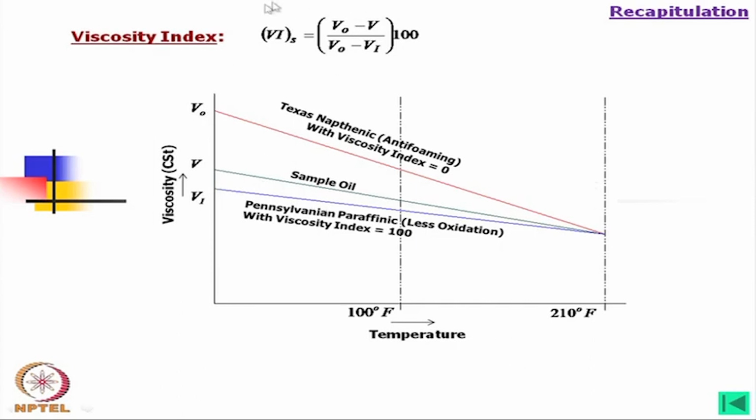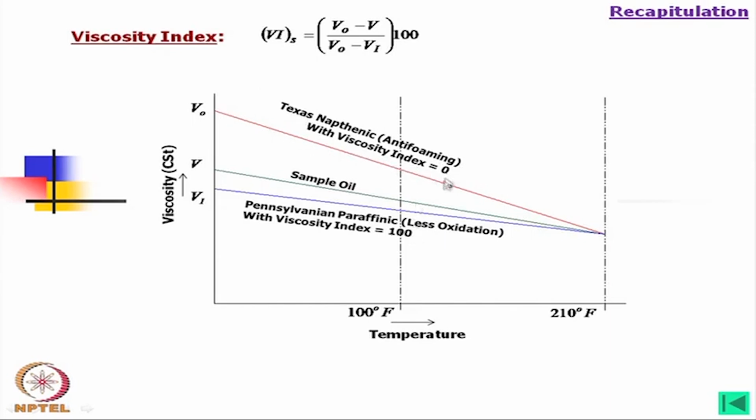You can see from this graph the sample oil which we are using. In the USA, Pennsylvania paraffinic is an oil with a low viscosity index, and Texas naphthenic has the highest, with the other at the lowest.